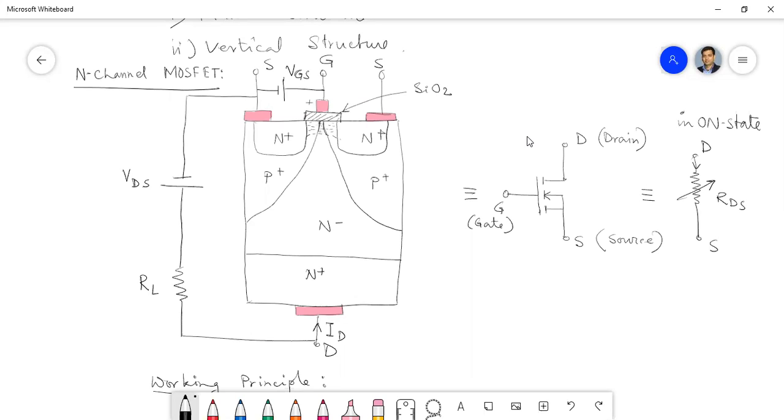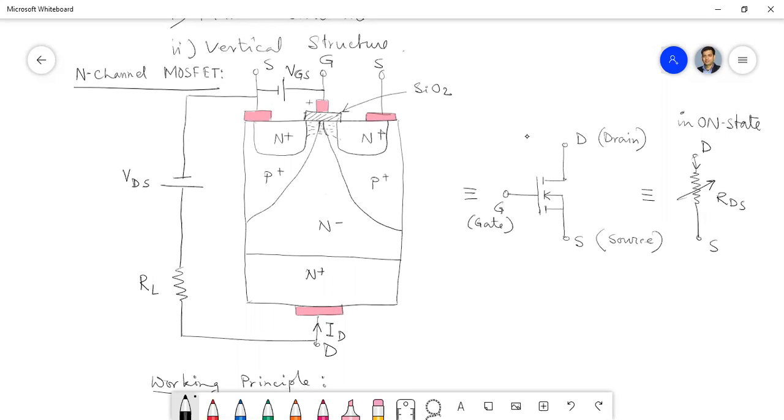That means all throughout you have the n substrate. So current can directly flow from drain to source through this n substrate. So there is no junction. As there is no junction, in on state, it will behave just like a resistance, as if there is a substrate through which the current is flowing.